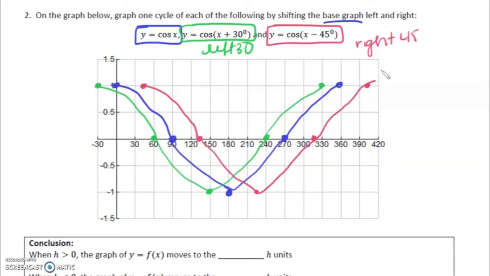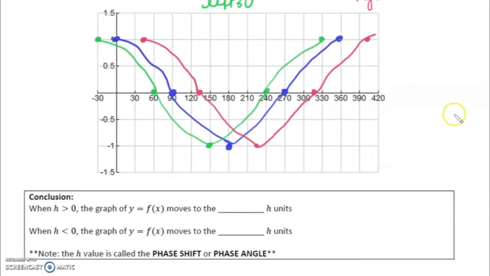There we go. Here's the conclusion down here. When h is greater than 0, the graph of f of x moves to the right h units. In brackets, we can say h looks negative, remember there's that built-in negative sign in that bracket.